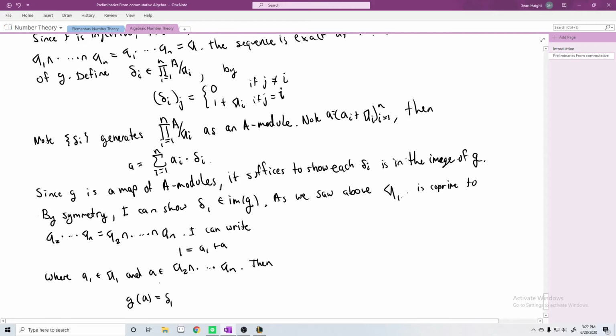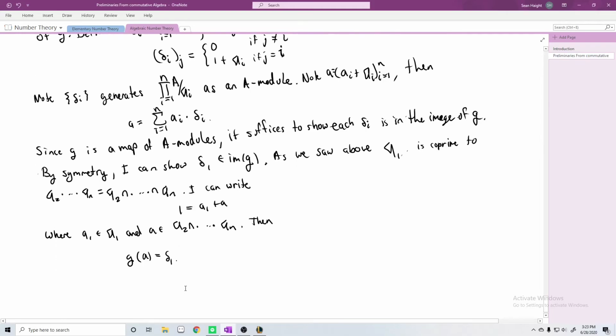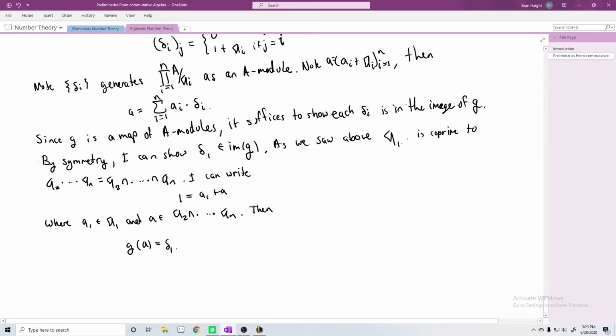So let's talk this out, briefly make sure that this is right. In the first component, notice that a is going to be 1 minus A1. So in the first component, 1 minus A1 is certainly equivalent to 1 modulo this ideal A1. So I've got a 1 in the first component. And in every other component, a is in the ideal A2 through AN, so G of a is certainly going to be 0 in every other component.